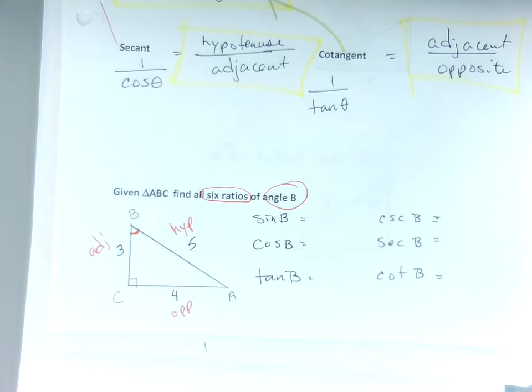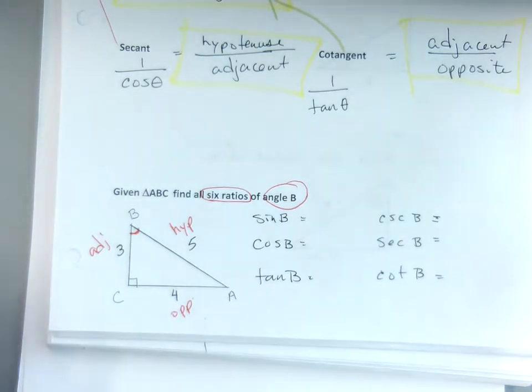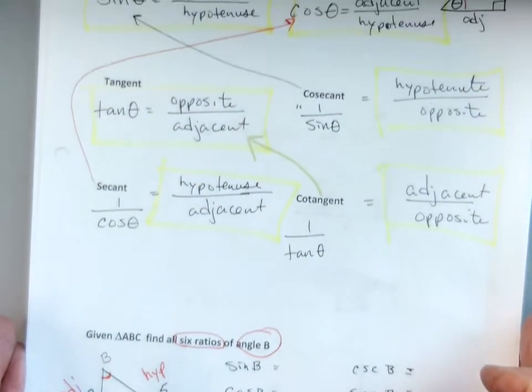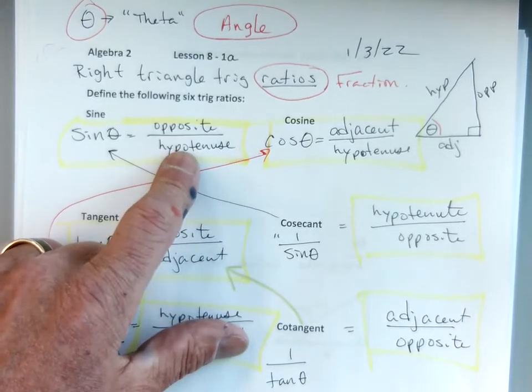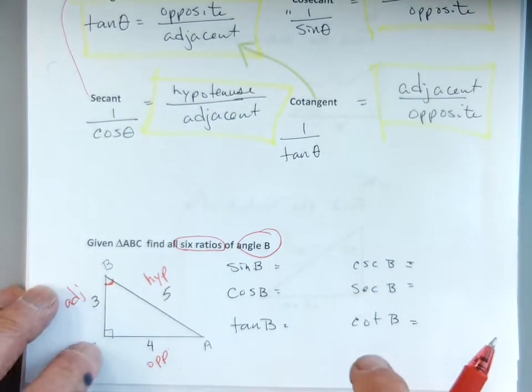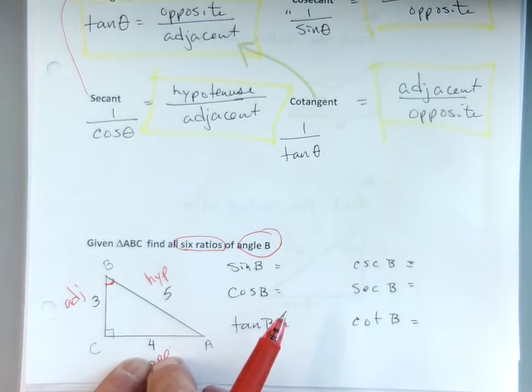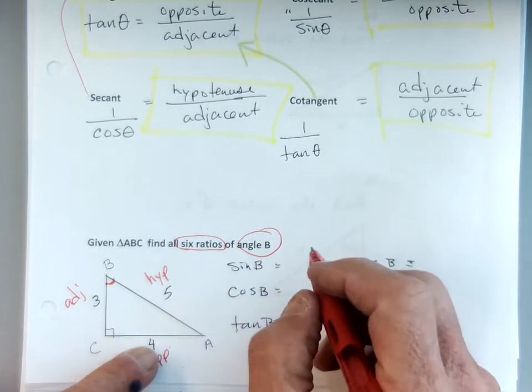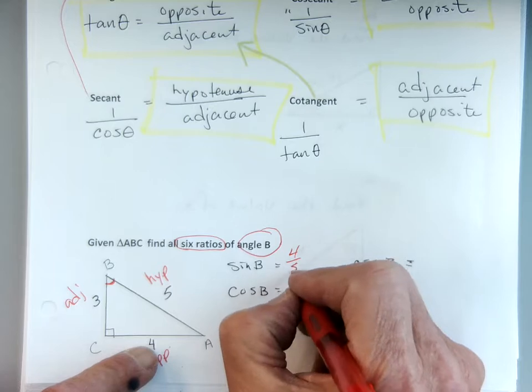Okay, so here is how easy this is. Take a look. Sine of B. What does sine say? Sine is the opposite over the hypotenuse, isn't it? So opposite is 4, hypotenuse is 5. So my answer is just 4 over 5. That's it.